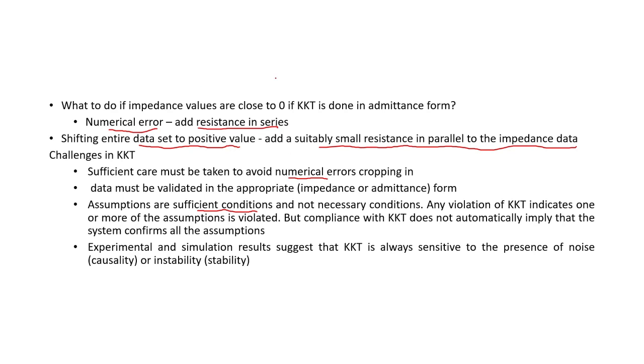So why are we adding resistance in series? Just wait a second. See, if you have something like 0.01, and if I am having some other value, 0.01325, something very big, both will give me totally different values when I take the reciprocal.